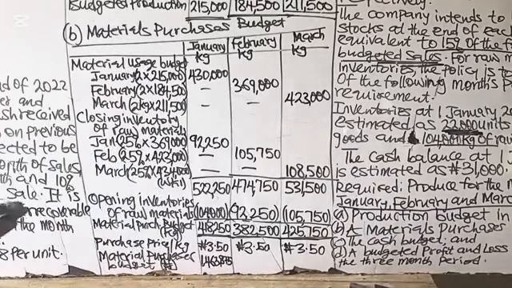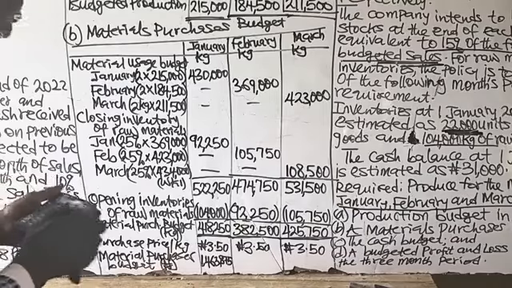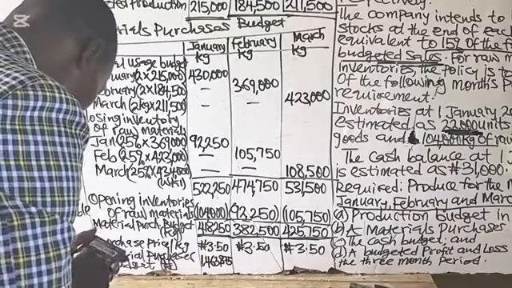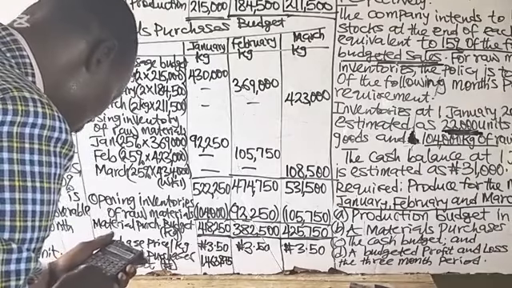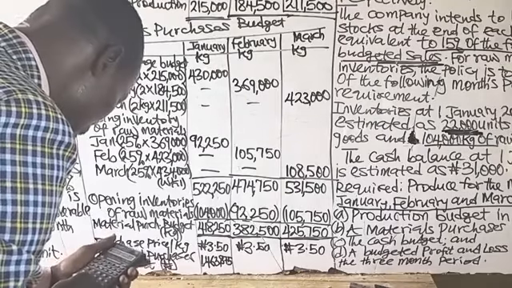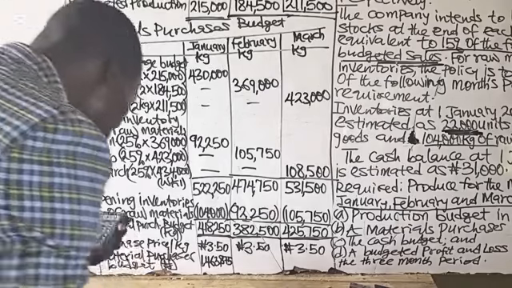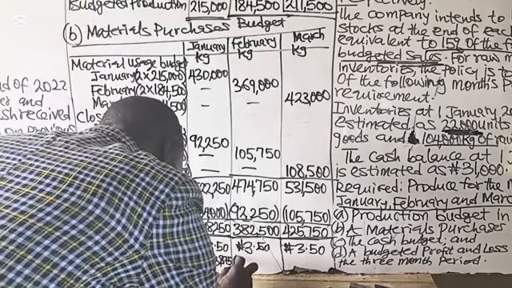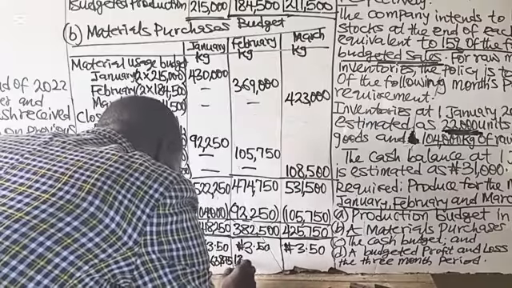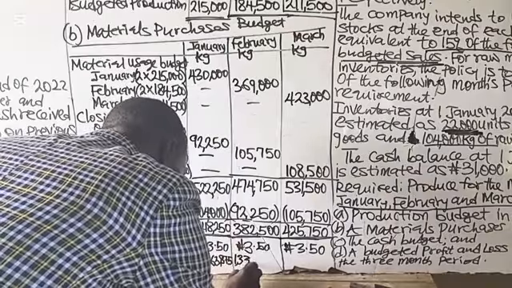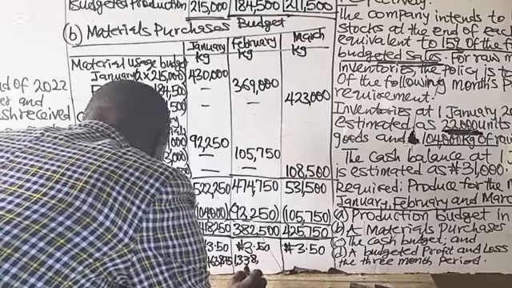In the month of February, we have 382,500 times 3.5, which gives us 1,338,750.